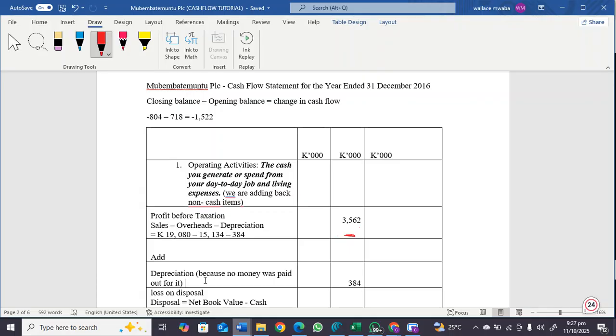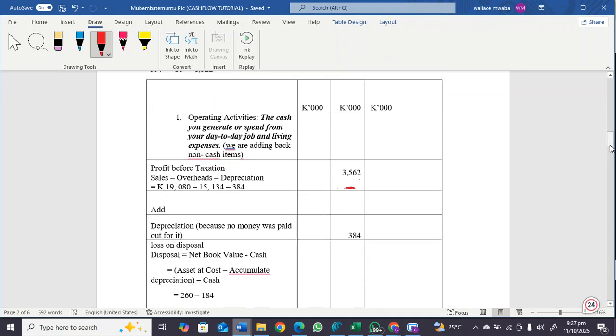Since in the income statement depreciation was deducted when tabulating your profit, you need to add it back. So you add 384, positive. Any questions before I move to the next non-cash expense?